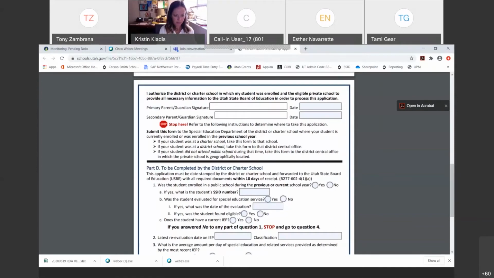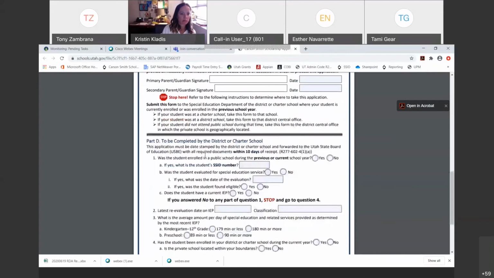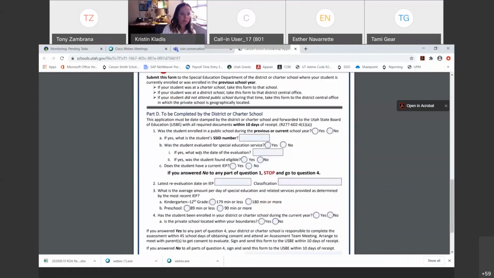If your student was at a charter school, take this form to that school. If your student was at a district school, take this form to the district central office. If your student did not attend public school during that time, take this form to the district central office in which the private school is geographically located. So there you go. I believe this is one of the add-ons that we put onto this new application because that was a commonly asked series of questions.